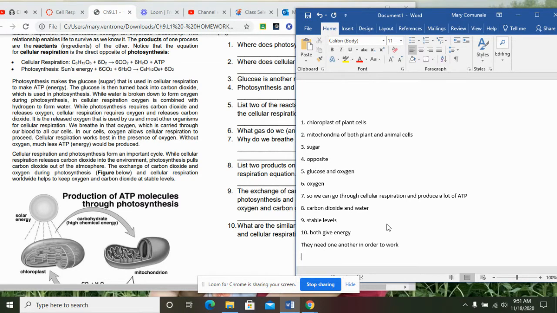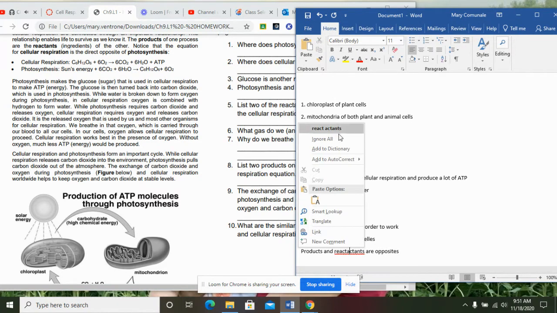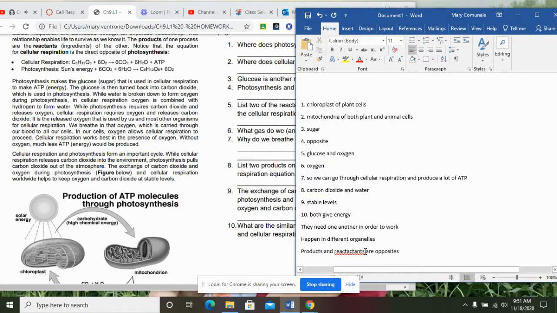As far as differences go, they happen in different organelles. Products and reactants are opposites. Wow, I think I really messed that one up. Reactant.